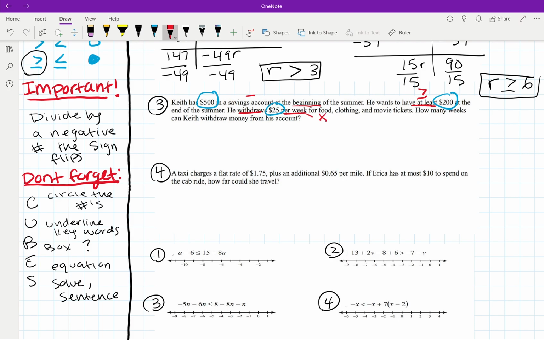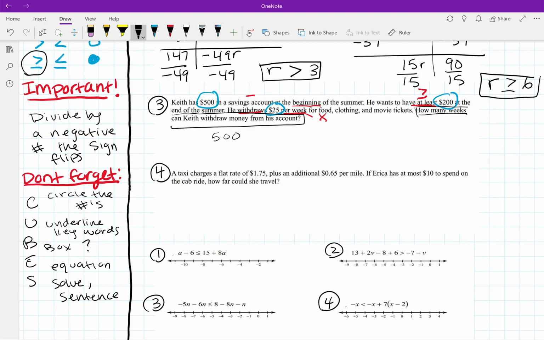The next part is to box our question. Our question is how many weeks can Keith withdraw money from his account? Now with all the information that we looked at, we can write our equation. He started with $500, so 500.